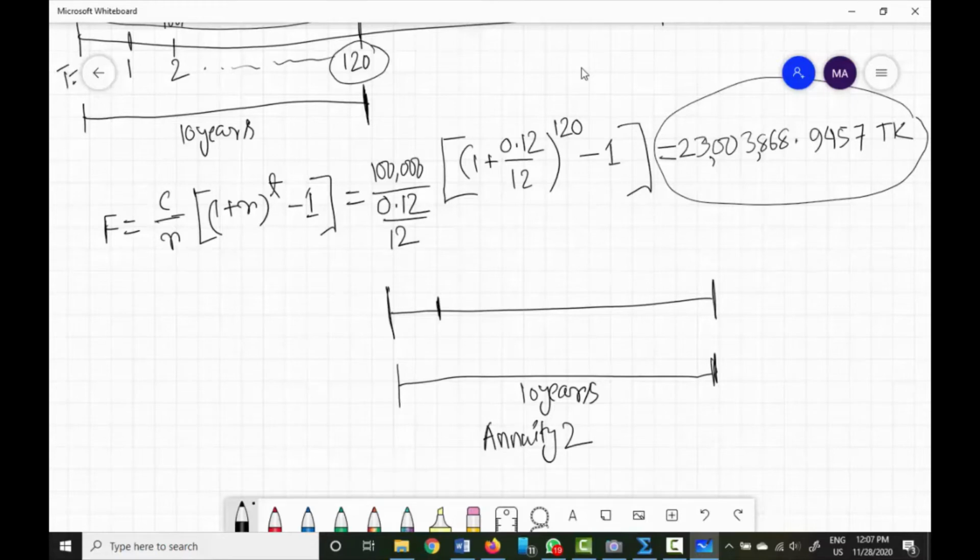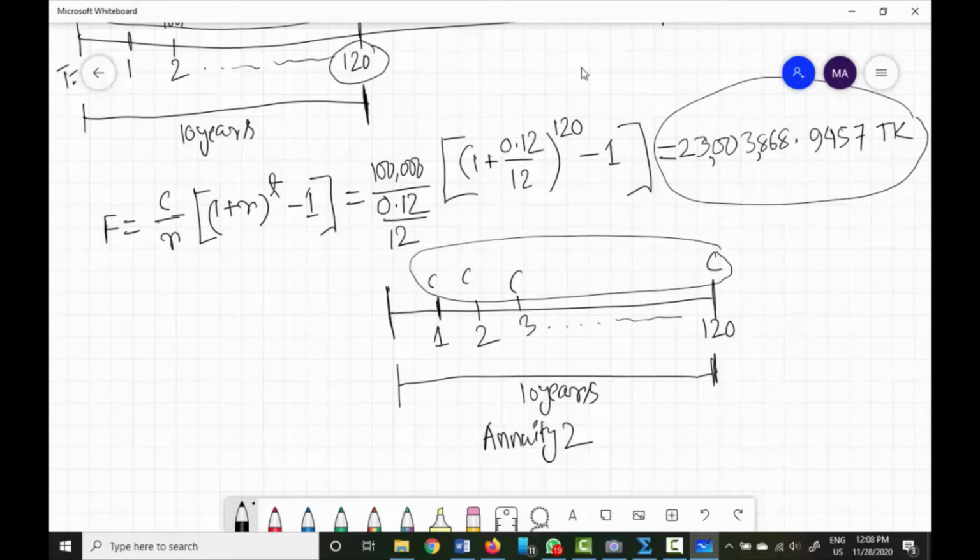Right. So we need to find out how much you will get at the end of each period up to 10 years. That is 120 payments. Obviously, if you want to get some money at the end of every month, you must make a lump sum deposit in the bank, and this is the deposit that you will make at this period.